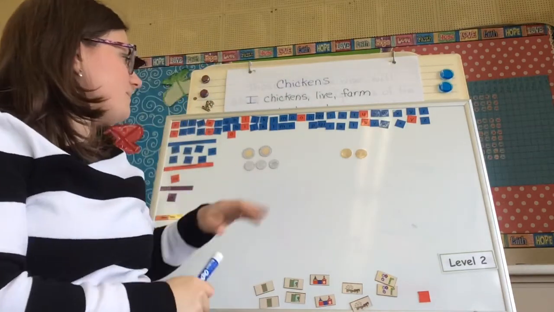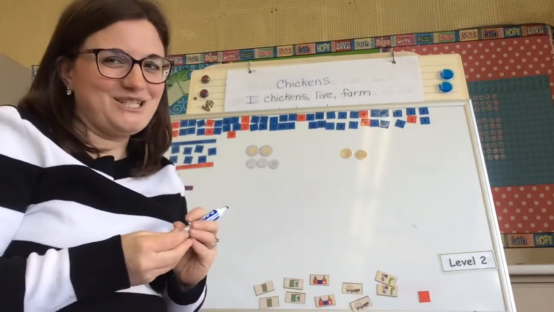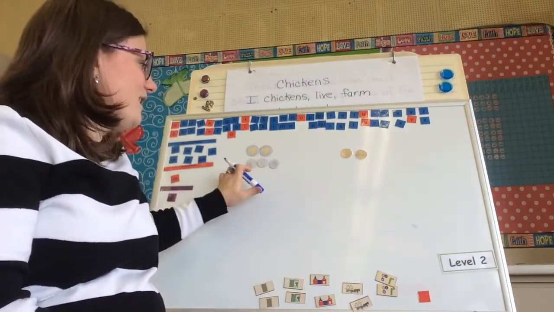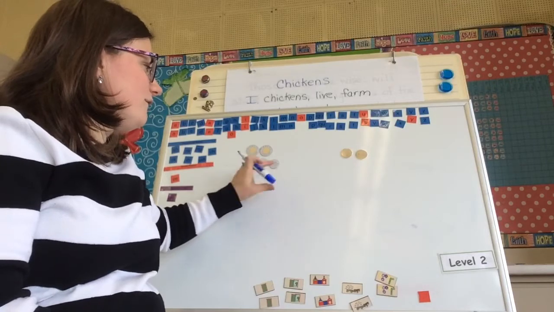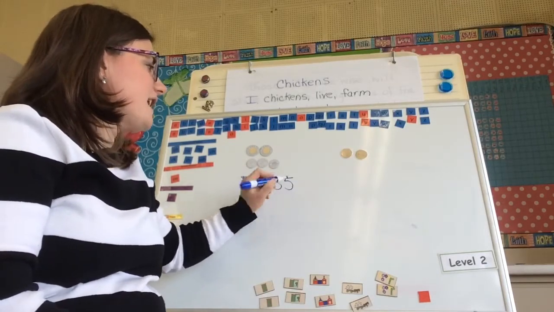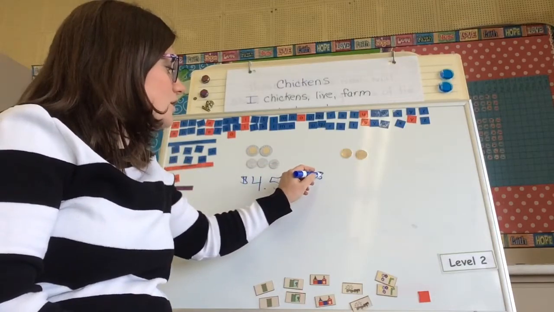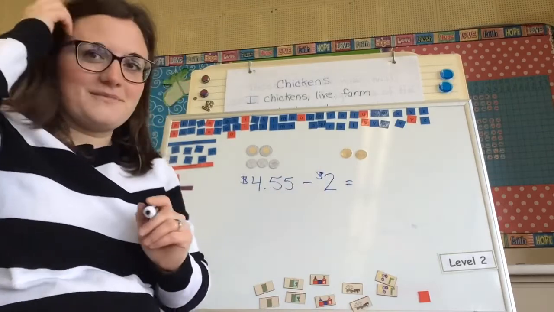So I have an amount up here. I have 2 toonies, 2 quarters, and a nickel, which gives me 2, 4, and 2 quarters, 55. So I'm going to have $4.55, and I want to subtract 2 loonies. So I'm going to spend $2. Okay?